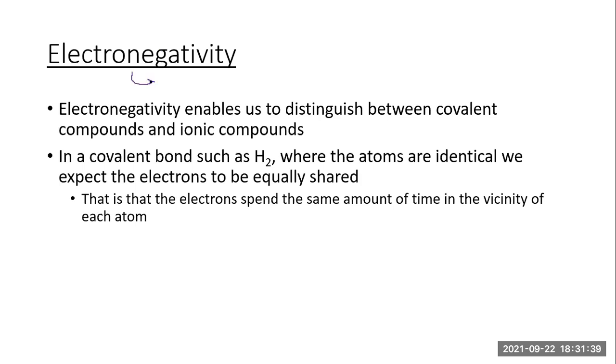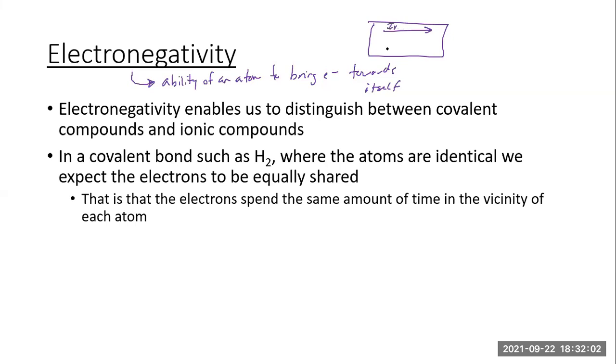Electronegativity is the ability of an atom to bring electrons towards itself. When you look on the periodic table, electronegativity increases as you go up and to the right, decreases as you go down. Our good friend fluorine is the most electronegative element you can have.